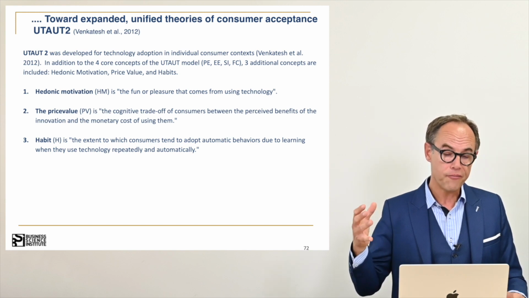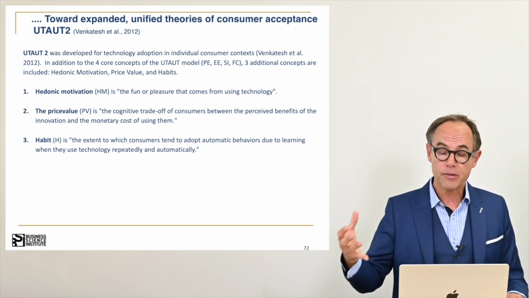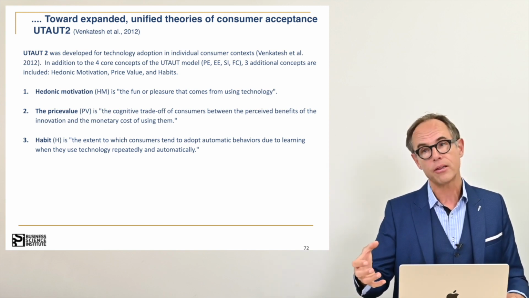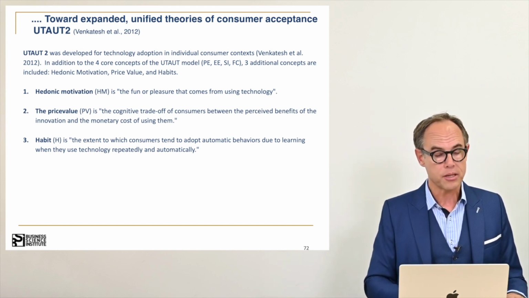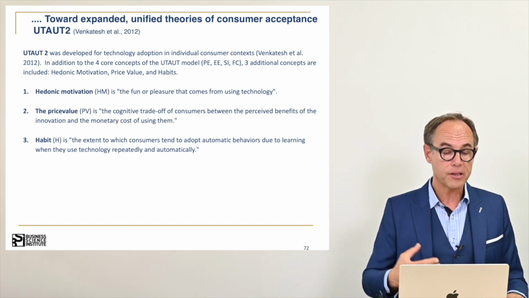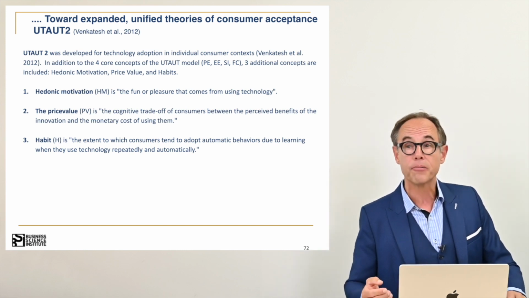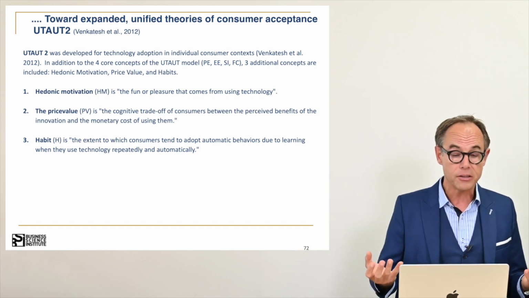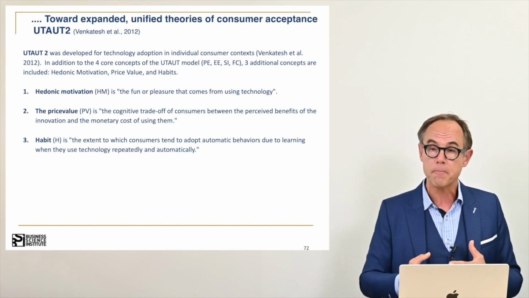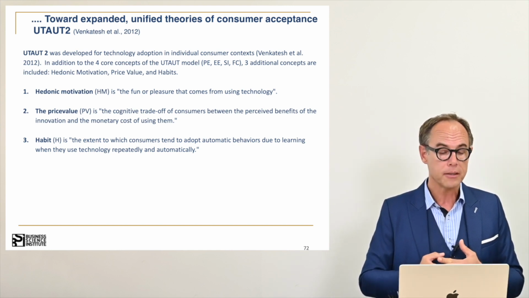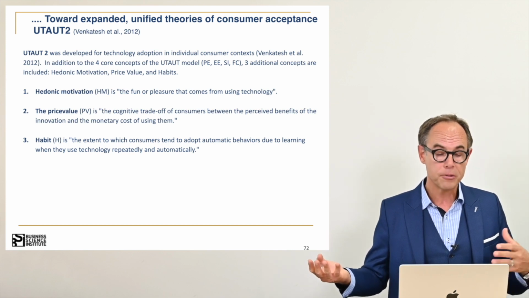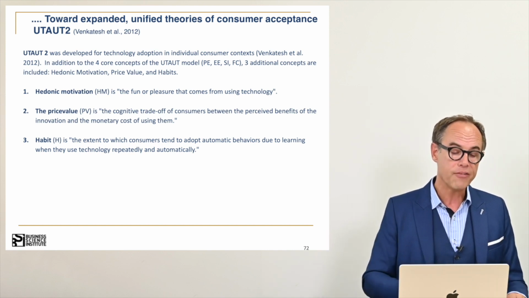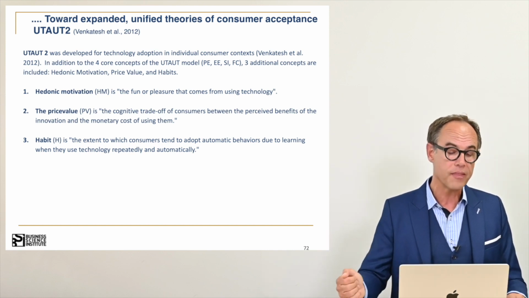It has been further developed to the B2C context, to the end user context, and how they accept technologies. So the UTAUT was enhanced through hedonic motivation, because we know that technologies represent also fun and pleasure. The price value, which is the cognitive trade-off of consumers between perceived benefits of innovation and the monetary cost of using them.